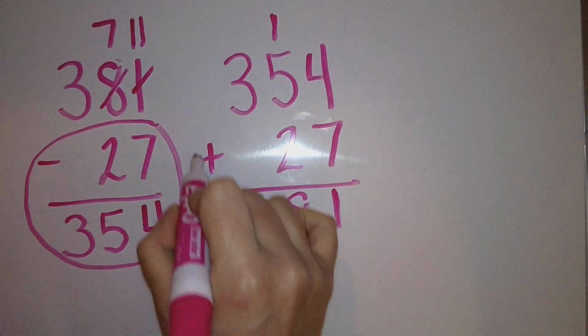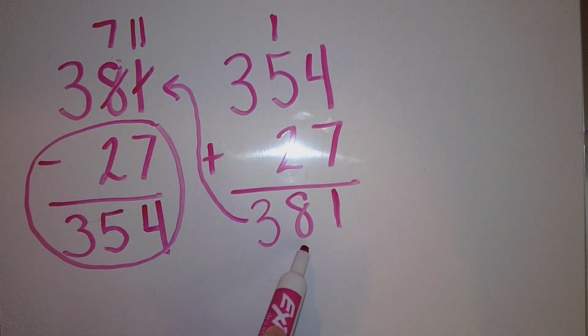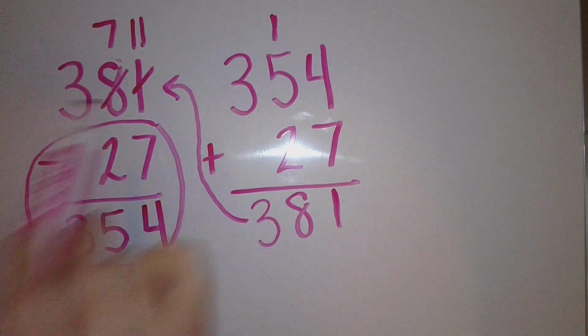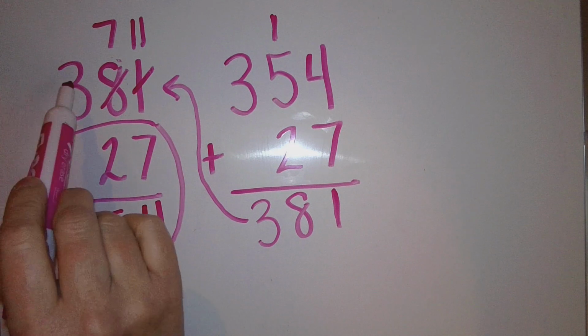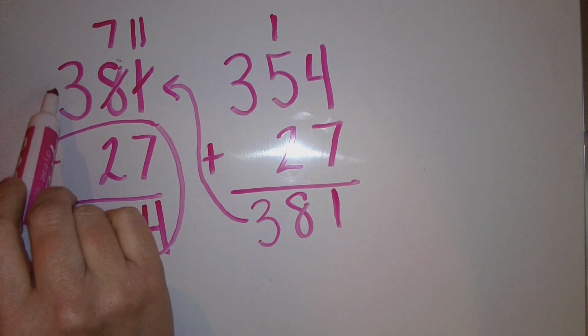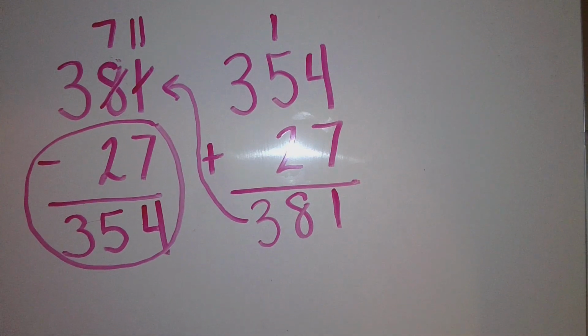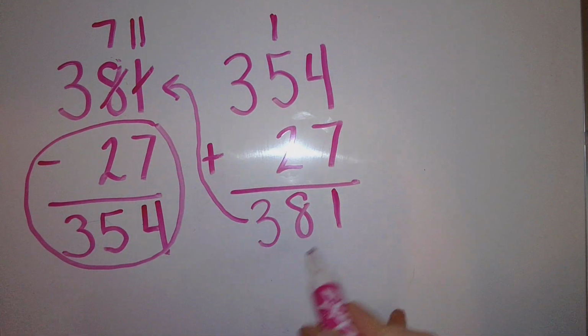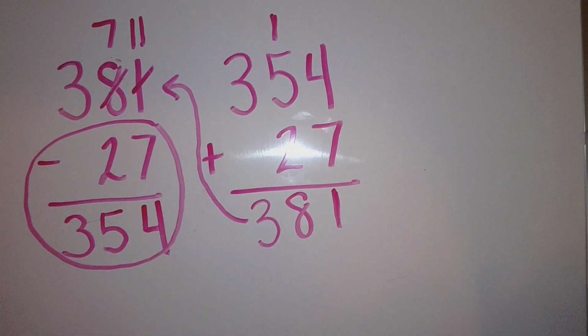So I'm going to draw an arrow and ask them, does this total down here match this total up here? Okay. There was some confusion before. They were looking at this number and then this 7 and 11, and they would say, no, it doesn't match. So it's really good to see their misconceptions and be able to help them figure out that, no, this total needs to match this total that we started out with.